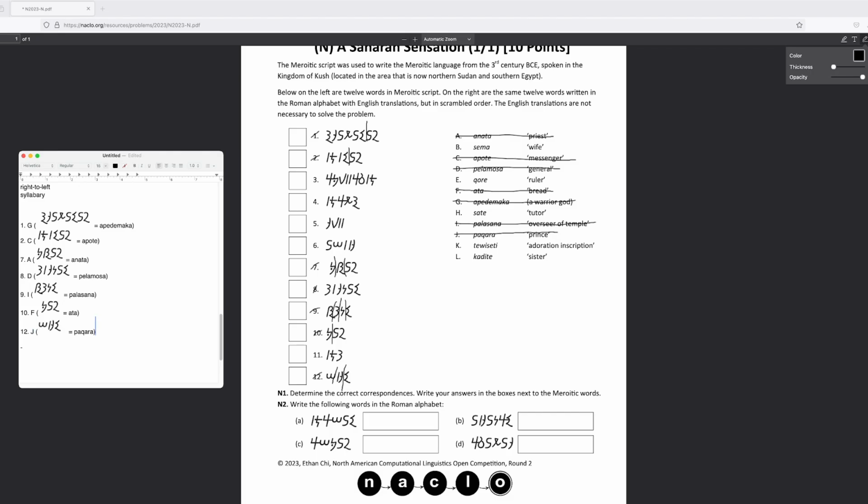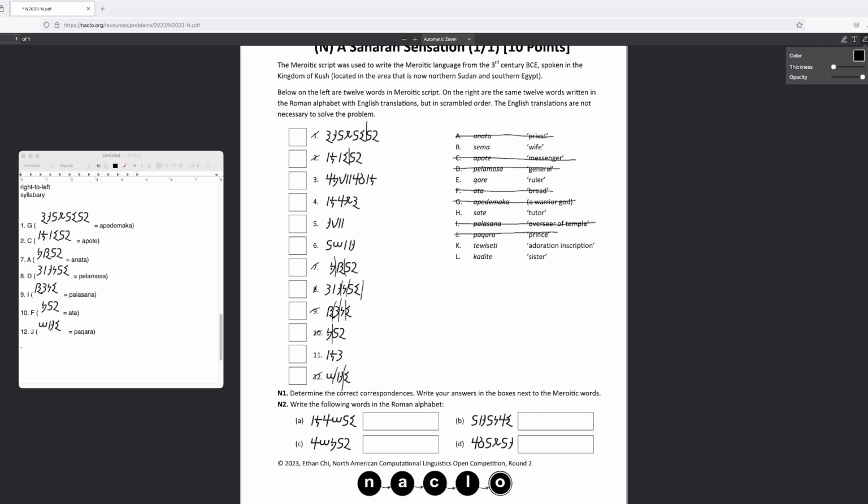So now we have 5 more things that we can do here, but before we do that, I do want to look at one observation we can make from the words we have so far, specifically in Pelamosa, right? So what we'll notice is that we have this weird, chair-looking glyph over here that we've established by comparison with Palasana must be our la syllable, and then we have everything before it and everything after it.